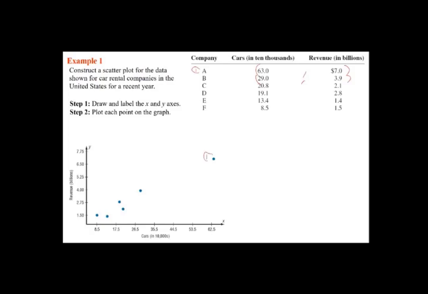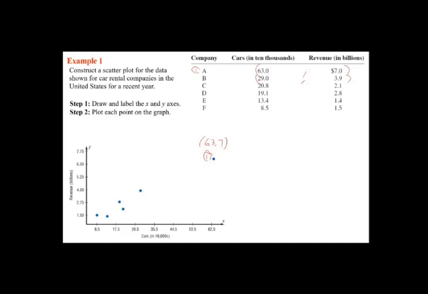You see that, everybody? First pair, 63, 7. So the x-axis is cars in 10,000s, the y-axis the revenue in billions of dollars.